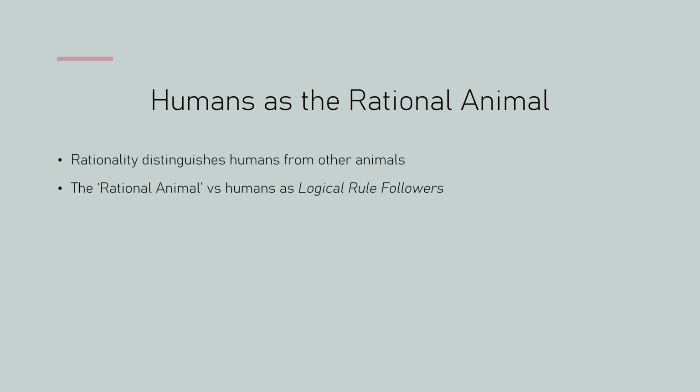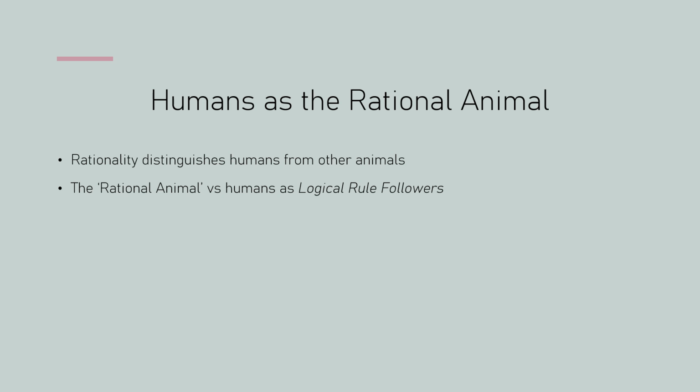So we're familiar with this idea of humans as the rational animal. Of course, this goes back to the ancient world and Aristotle's view and its influence on Western thinkers, that the thing that distinguishes humans is the possession of rationality.